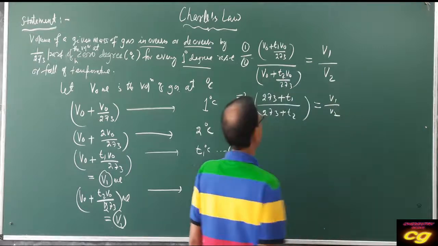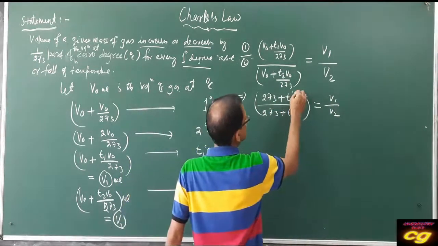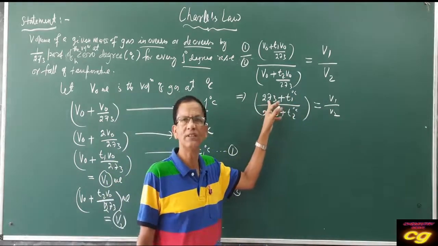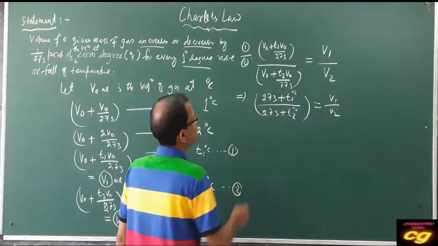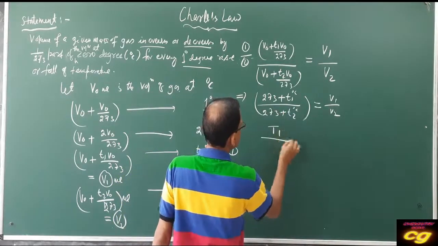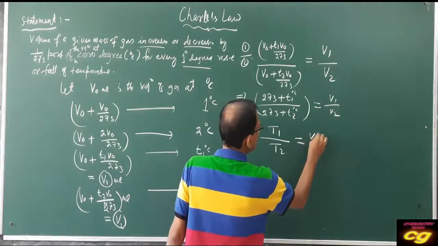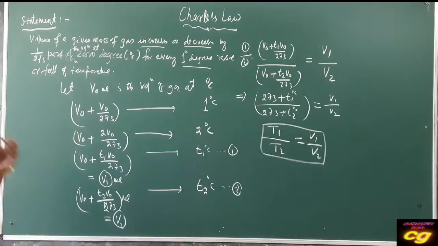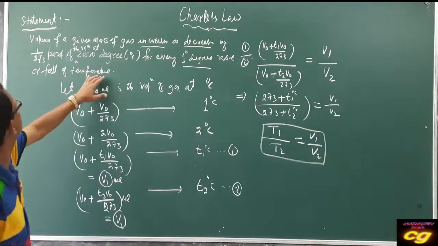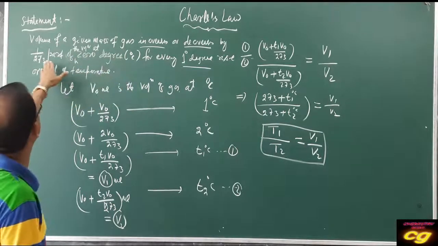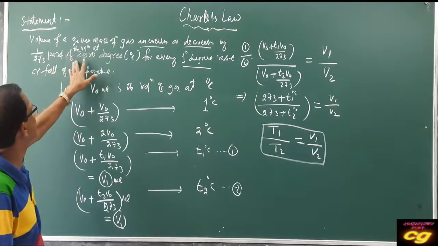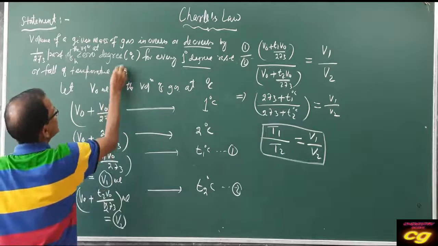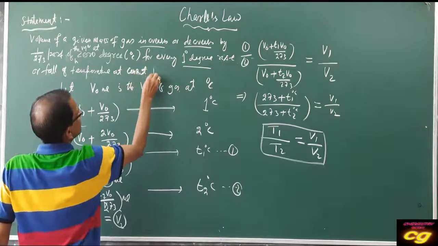is equal to V1 by V2. But we know T1 is in degrees Celsius. When 273 is added to degrees Celsius, that is called the Kelvin scale. So let it be T1 in Kelvin, and the second is T2, equal to V1 by V2. The condition is that the volume of the gas changes by 1 by 273 part of its volume at 0 degree Celsius for every 1 degree of temperature, at constant pressure.